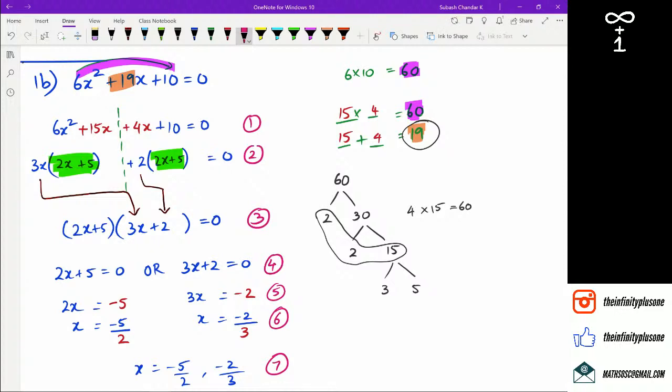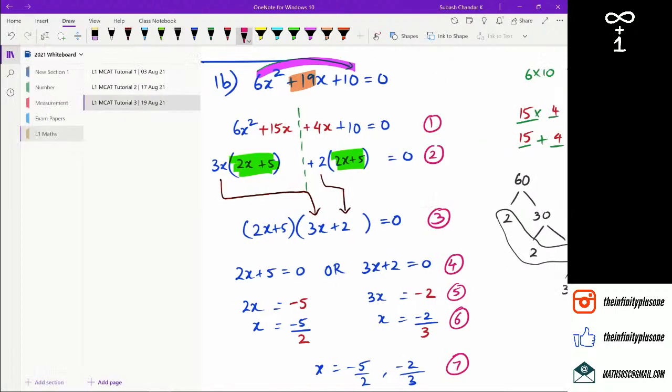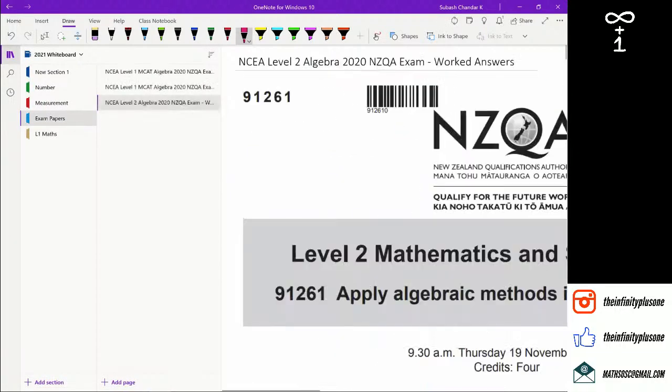Let me just have a look at what the papers were that we did last year. Exam papers. They had a substitution double. Oh, no. It looks like it's a merit, by the way, because 2 years ago they had a question like this, which ended up being a merit. What happened earlier this year? I'm just going to have a quick look. Sorry, guys.